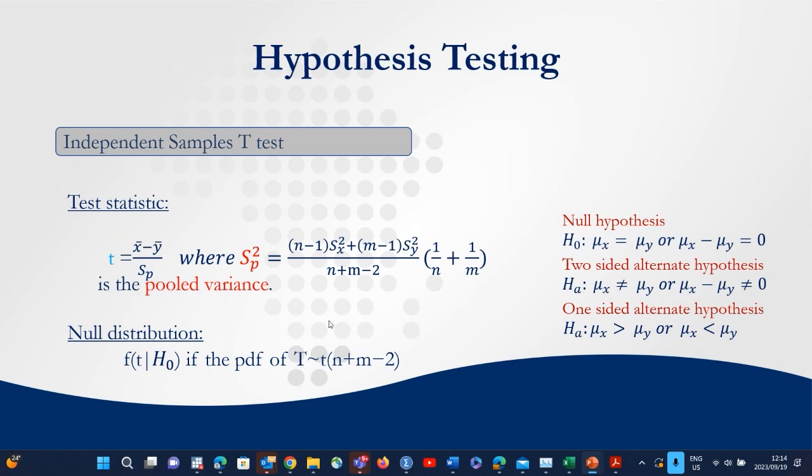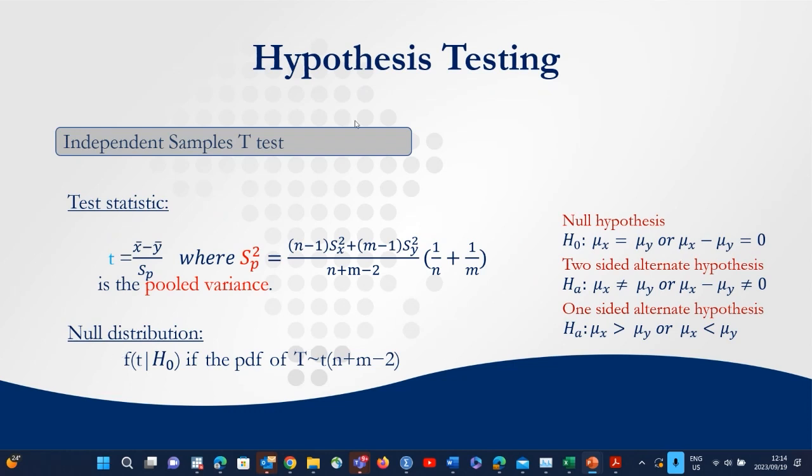And then you are able to also put in the degrees of freedom, which now becomes, you have two groups now, so you have the total for the two groups minus 2.